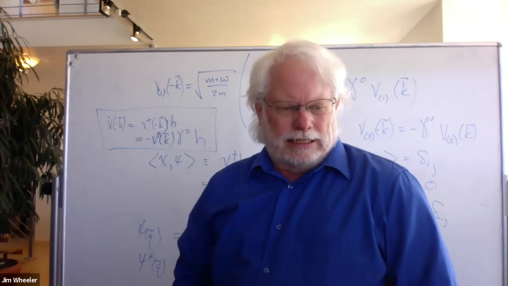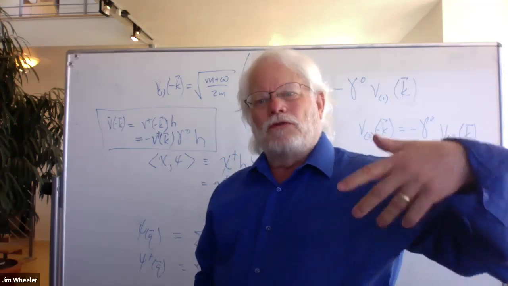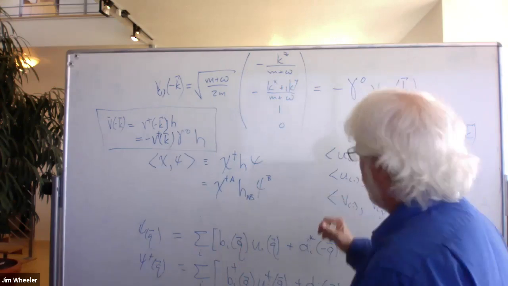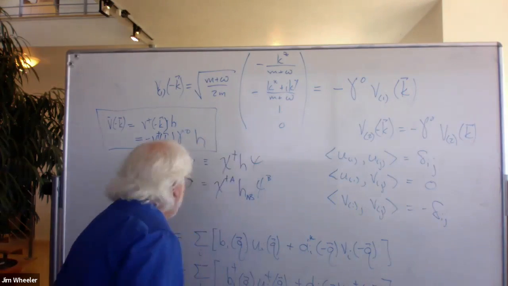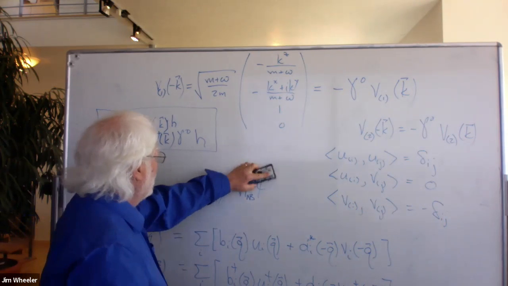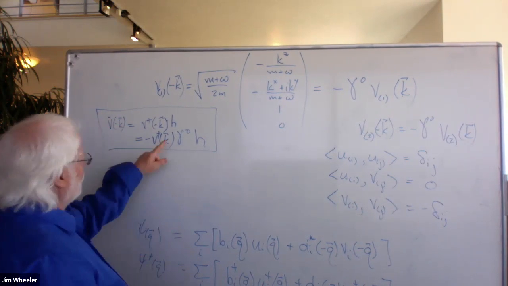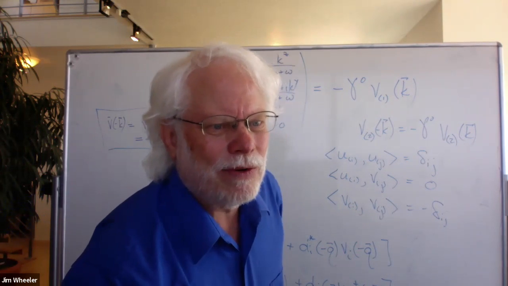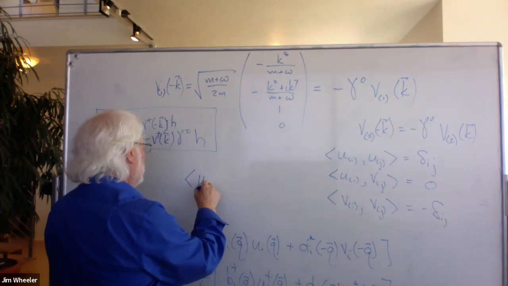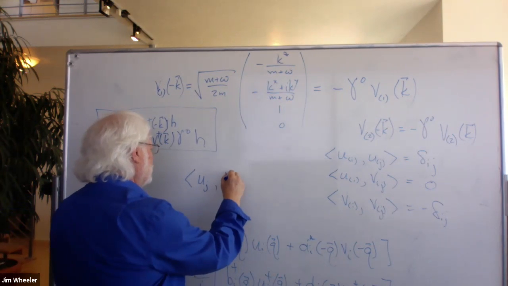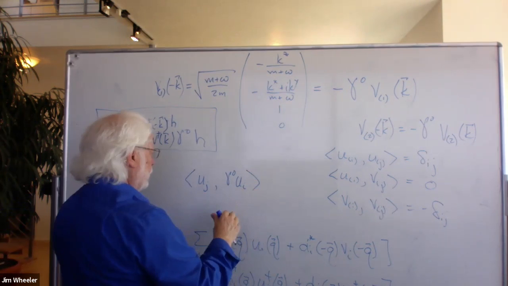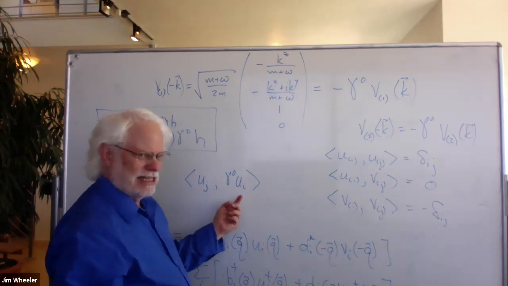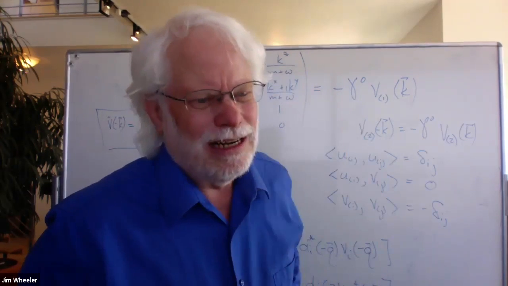The inner products, you will have already shown by the time you're done reading this part that these inner products hold, but we need some other inner products because they come up when we're working with expressions like this. So it will help to have the following. If I have u_j with gamma 0 u_i, a matrix times a spinor gives another spinor.